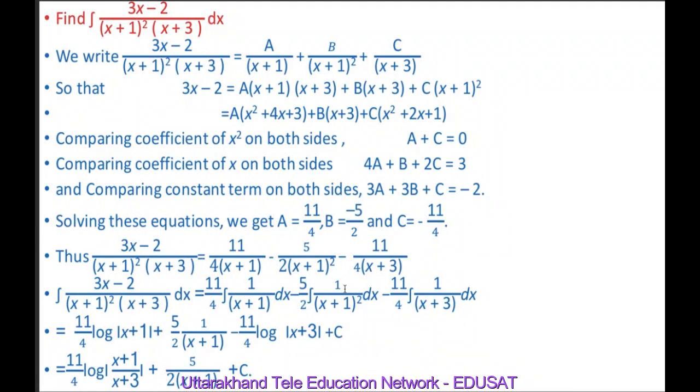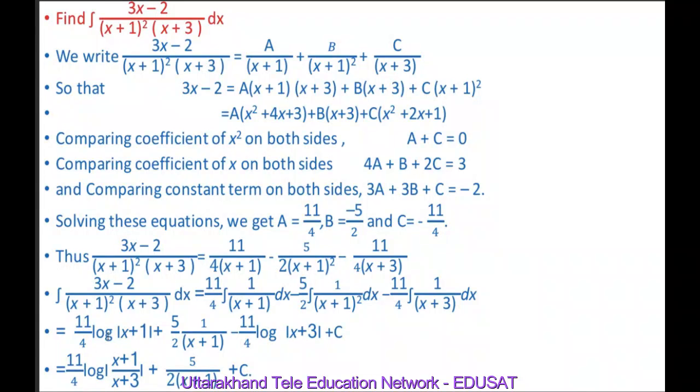It means x raised to power minus 1 upon minus 1 or minus 1 upon x. So its integration is minus 1 upon x plus 1. So here we have minus sign, so plus 1 upon x plus 1. So we know the formulas for integrating these functions, because all these you have studied in your high school classes.